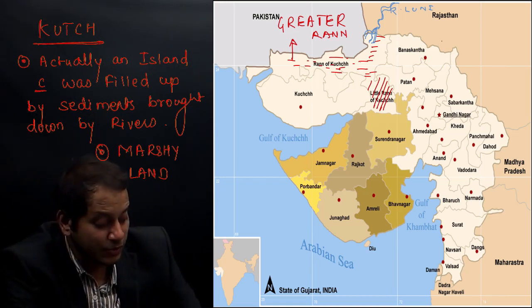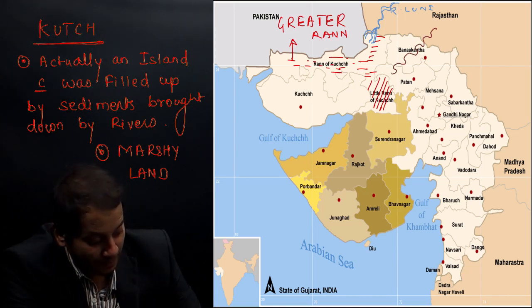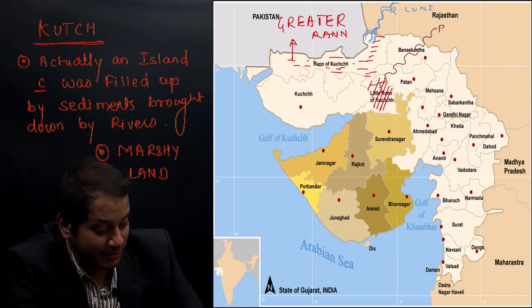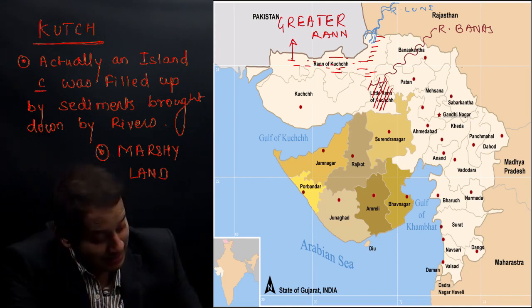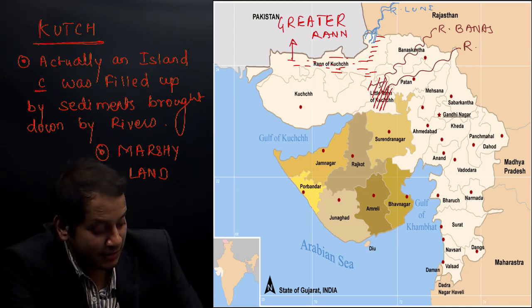The other two important rivers which drain are river Banas. See where it is draining? It is draining into the Little Run region. This is river Banas. Then we have river Saraswati also draining into the Little Run region.